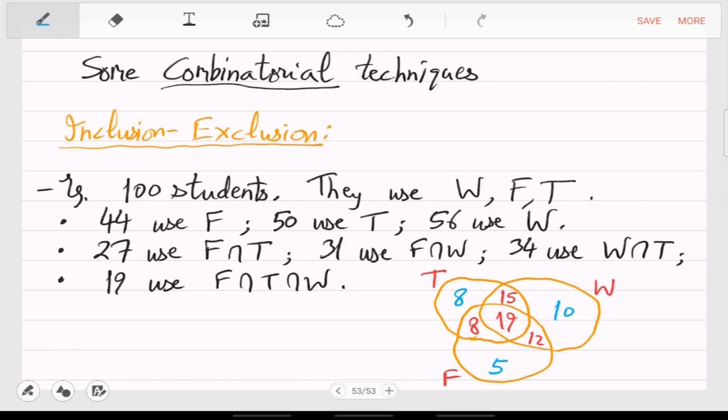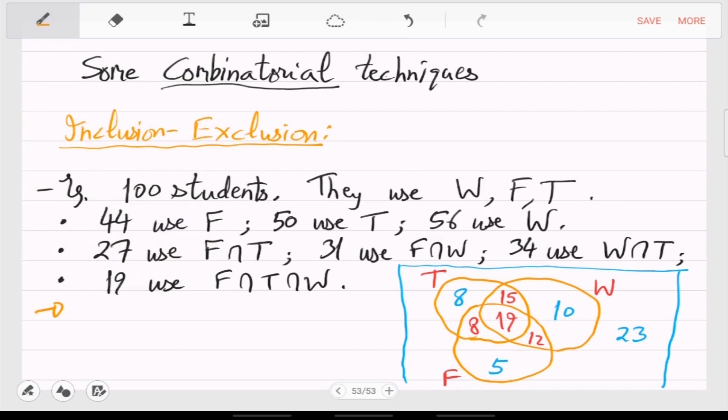And this symmetric thing in other spaces. So after this, how many students are there who use none? Right, so that's the outside. So this is the complete Venn diagram. And these numbers add up to 100.